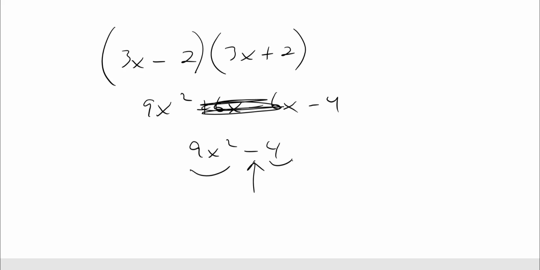Okay, all right, last kind of problem is basically, you know how we did FOIL before? And FOIL is just to make sure that we multiply everything inside the first set of parentheses times everything inside the second set of parentheses.